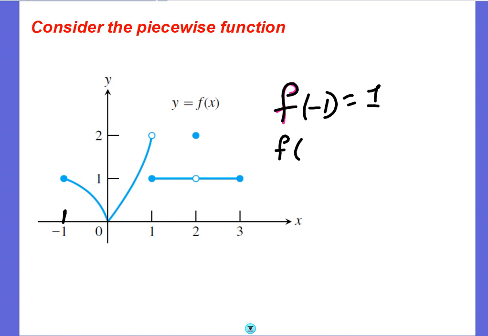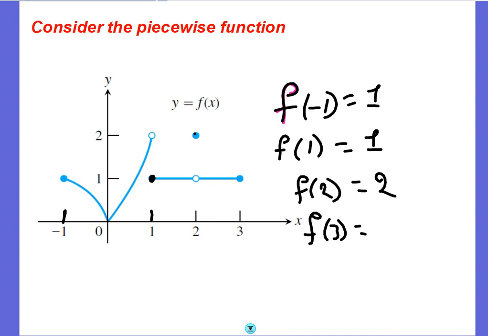F of 1, for example, is 1, because it's this one, not that one. F of 2 is what is this dot here. So f of 2 is 2. And f of 3 is 1.